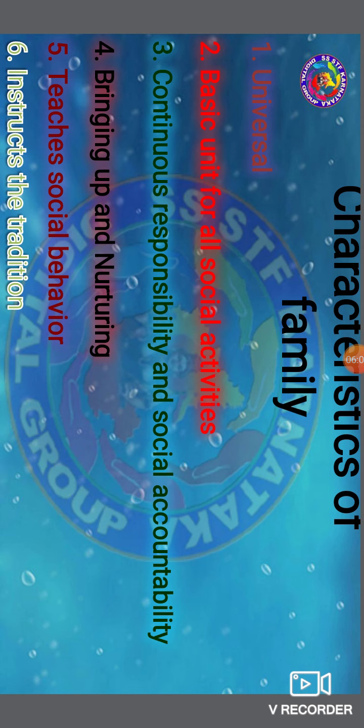And the fifth one, teaching social behavior. Childhood and adolescence are very important stages in the process of socialization. A child learns its mother tongue in the family. It understands the social life around it through the mastered mother tongue. Children develop as per the social situation around the family.